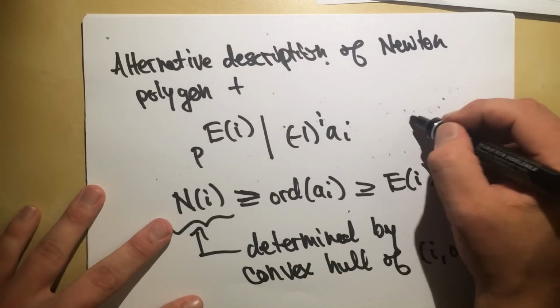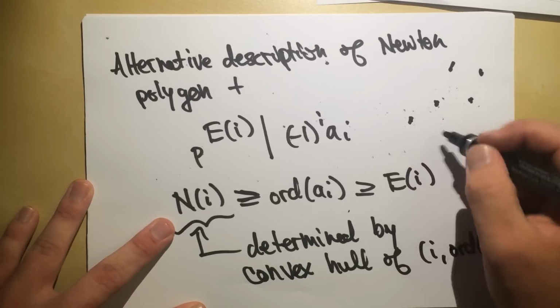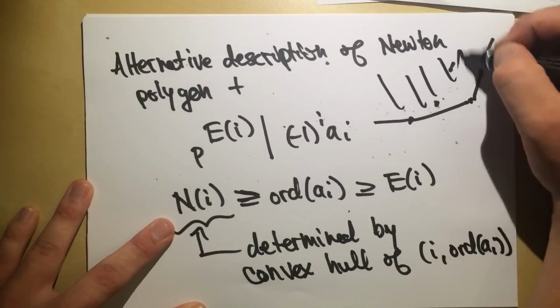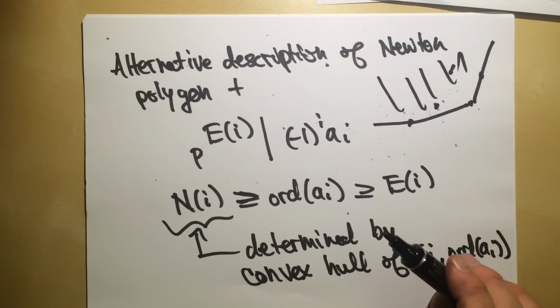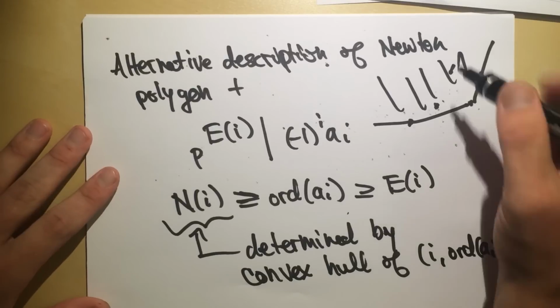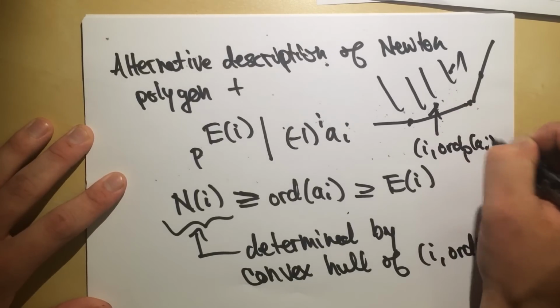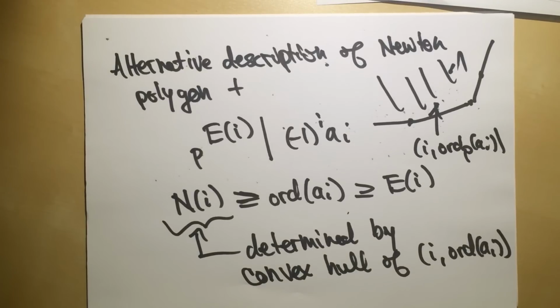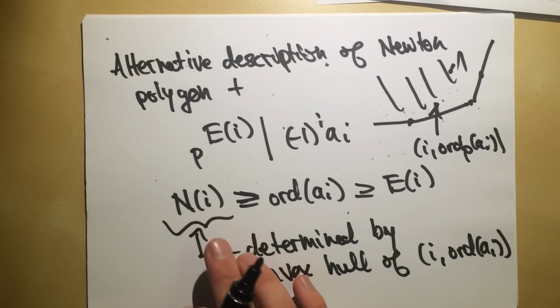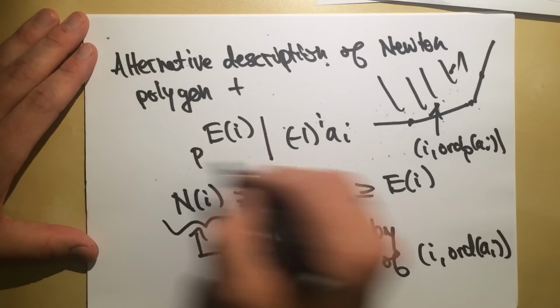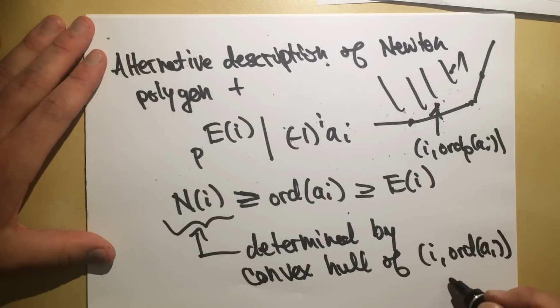Now we may have some points, and what we do is take this polygon above the convex hull of these points. These points that I drew here are the points I and the p-adic order of a_i. So this shows us that the Newton polygon of the crystal is above the Hodge polygon of the crystal, and that's how the proof goes.